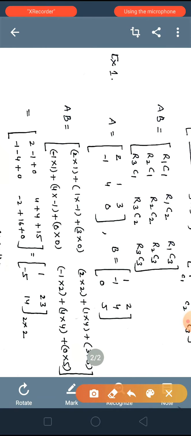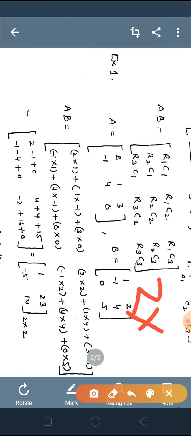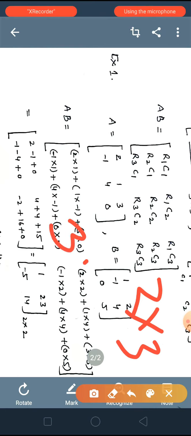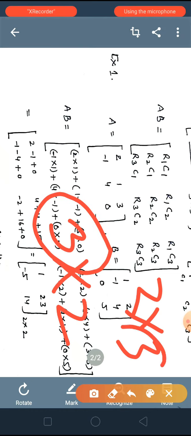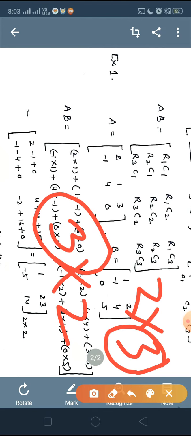For the product AB, the number of columns of A and the number of rows of B must be equal, which is satisfied here. So the product will be possible, and the resulting matrix will have order 2 cross 2.